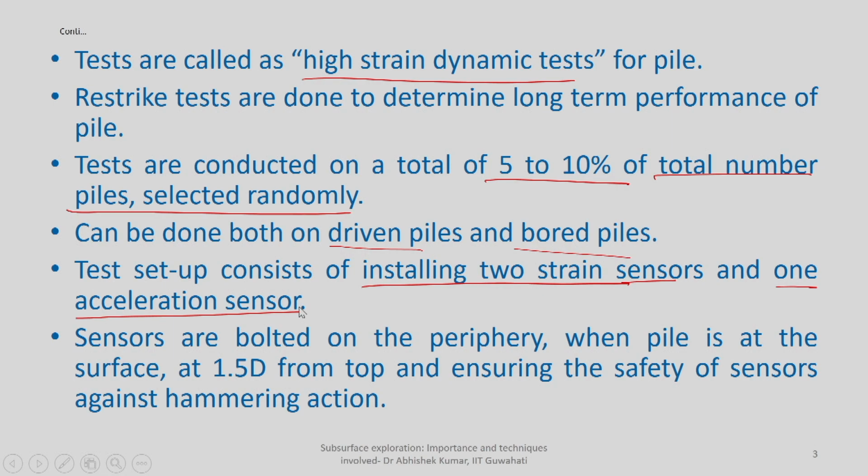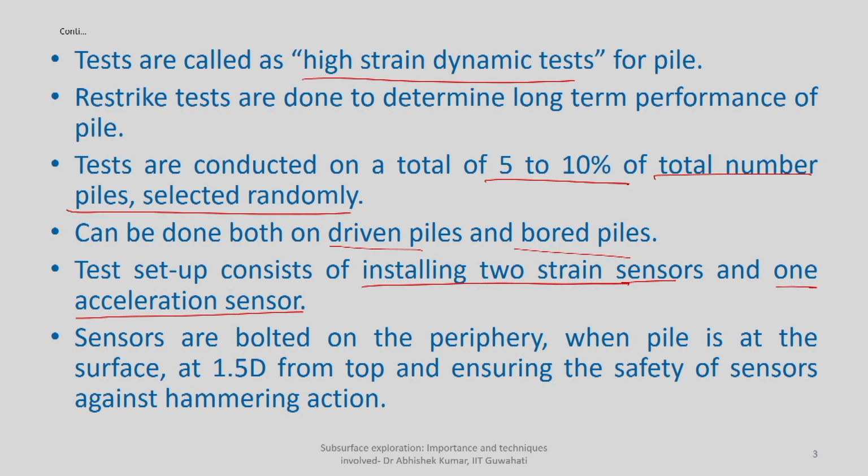Strain sensors will help you understand mostly the resistance offered by the soil, and the acceleration sensors will help you understand the particle motion at different depths, the intermediate depth or maybe the toe, whichever is offering more resistance to the external loading. That is why you have strain sensors and an acceleration sensor.